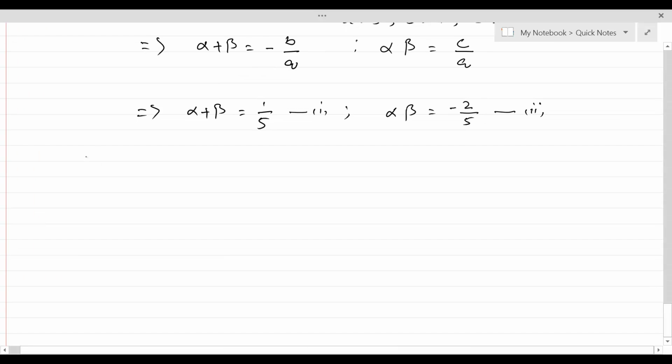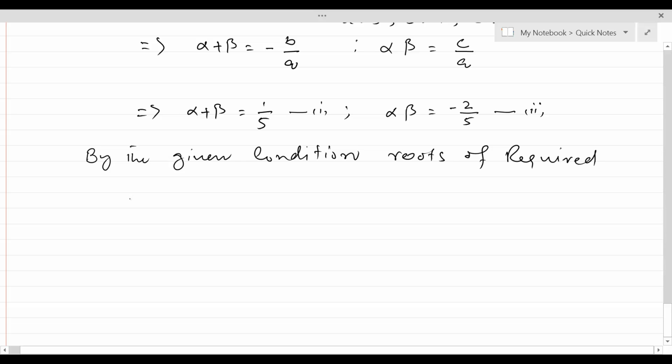By the given condition, the roots of the required equation are 3 over alpha and 3 over beta.